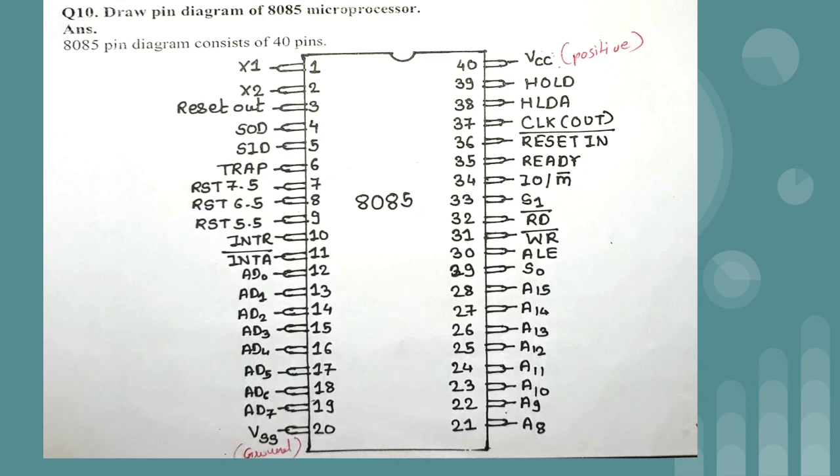And once the system is ready, it will give us the acknowledgement, that is hold acknowledgement, pin number 38 HLDA. And at the end, the last pin, VCC, is connected to the positive terminal of the IC. So I hope it is clear to you.